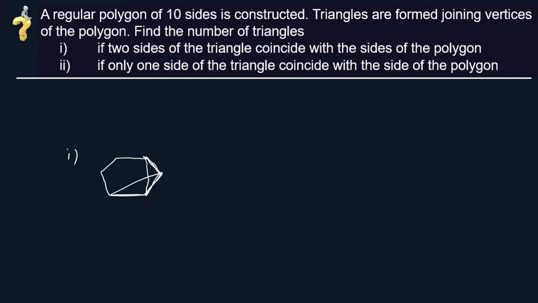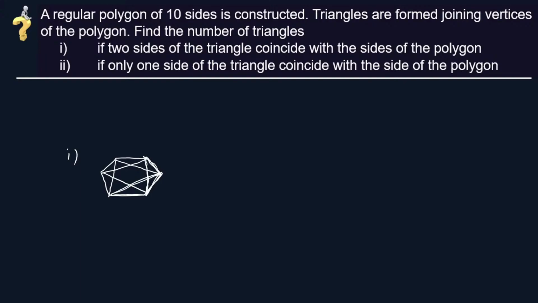If we consider this and this, we get another. Then again we have another triangle in which 2 sides of the polygon coincide with 2 sides of the triangle. Again we have this triangle. Again this triangle. That's it. So how many triangles are formed?